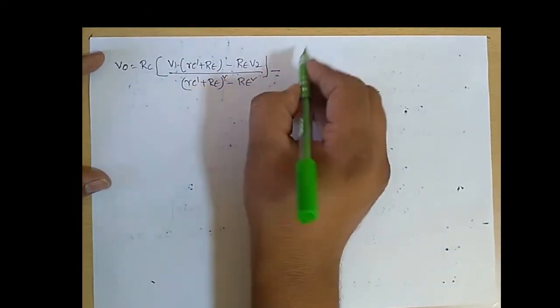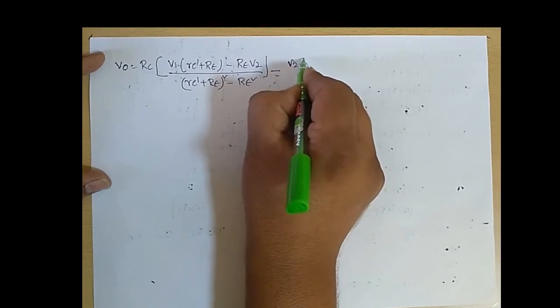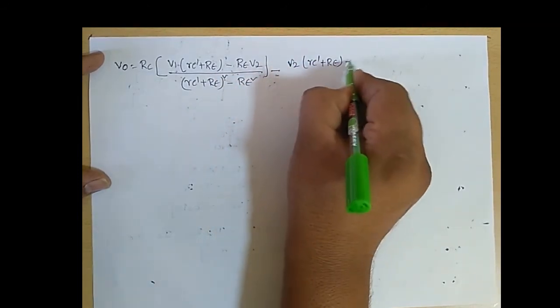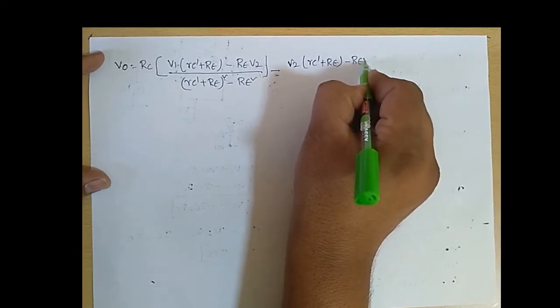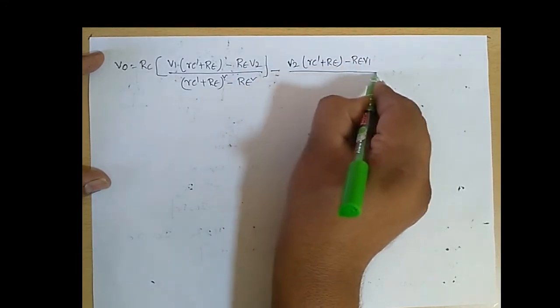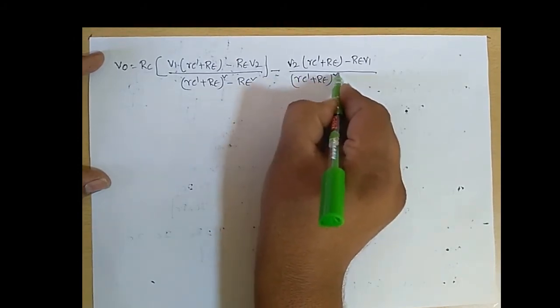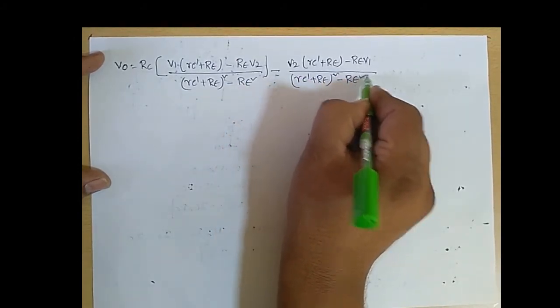What is IE2? That is V2 of (RE dash plus RE) minus RE V1, whole by (RE dash plus RE) whole square minus RE square.